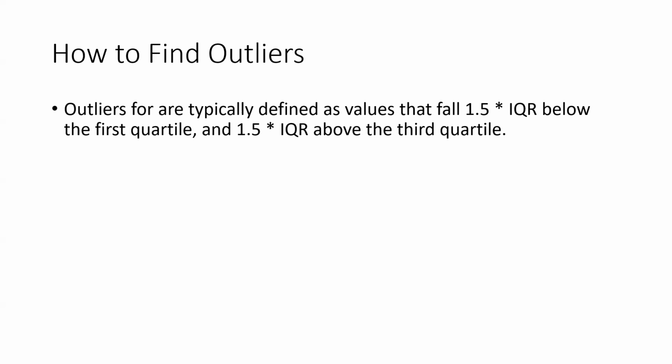I should mention, there are different ways to define outliers, different methodologies that can be utilized. This is one of the most common. If you're doing research, you want to write in your method section what technique you utilized as it relates to outliers and the definition of such, what methodology was employed.